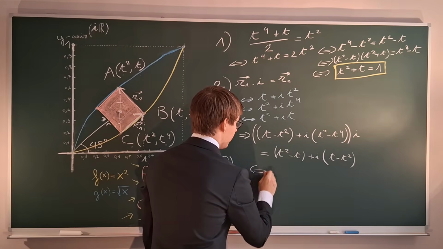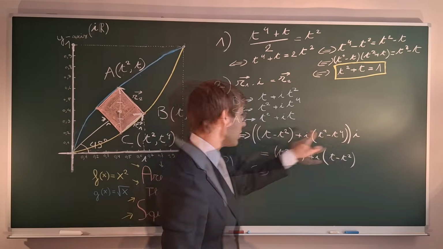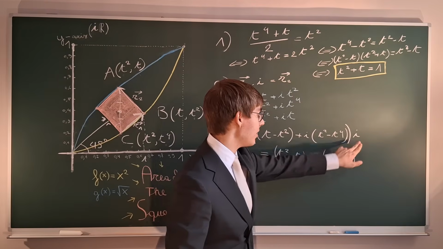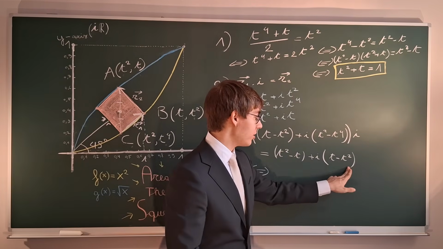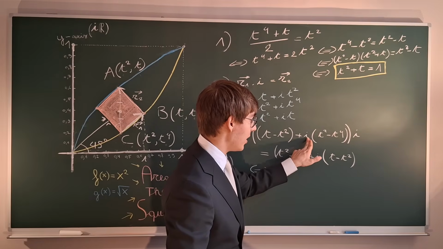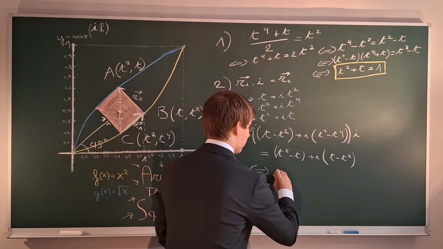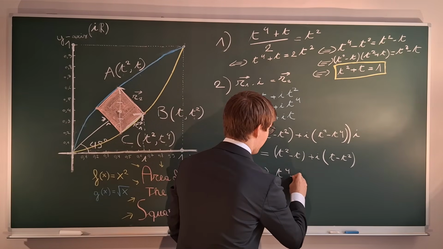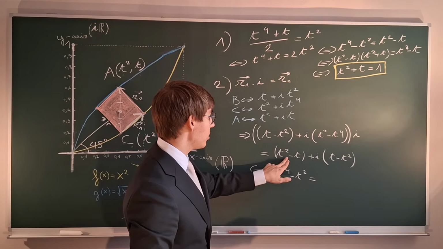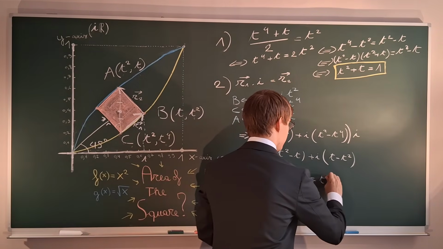Okay, now let's see what this gives us. Imaginary parts will cancel out, since t minus t squared times i is equal to i times t minus t squared. So we are left with i times i, which is negative this expression, so t to the 4th minus t squared, which must be equal to t squared minus t.